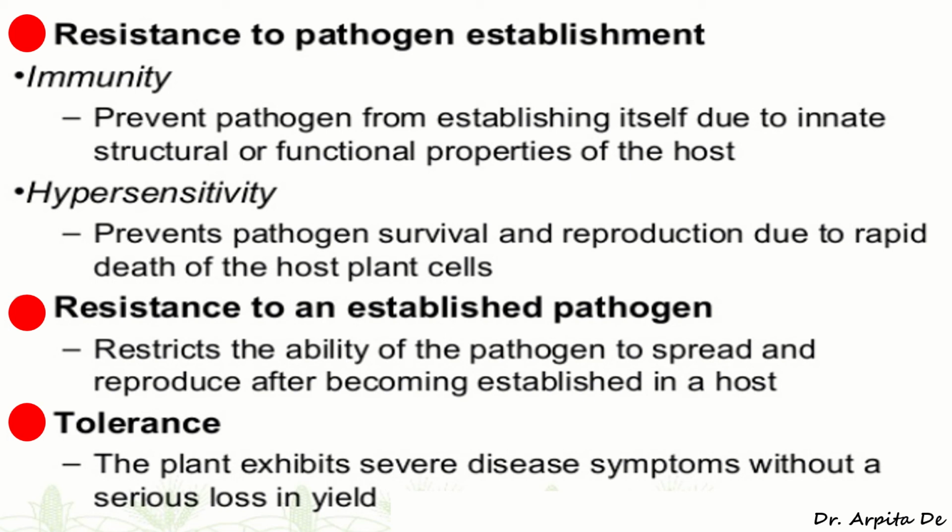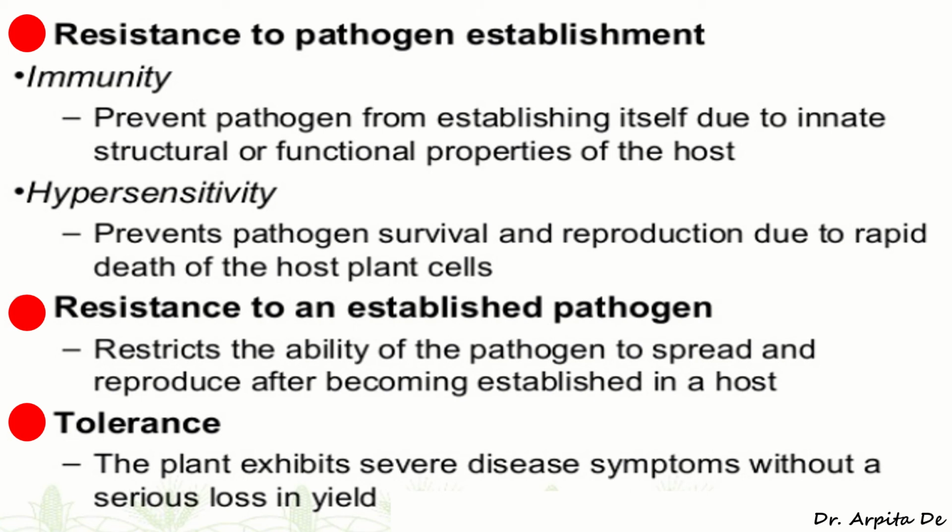It prevents the pathogen from establishing itself due to innate structural or functional properties of the host. These properties prevent the pathogen from growing, thriving, and multiplying in the body of the host.